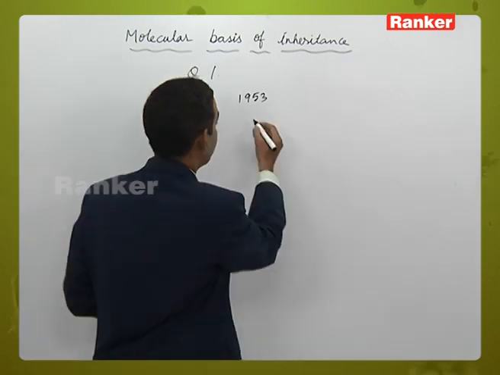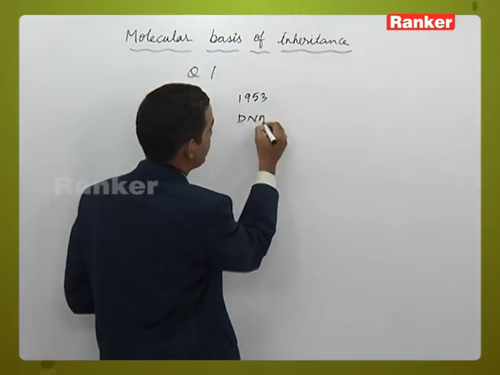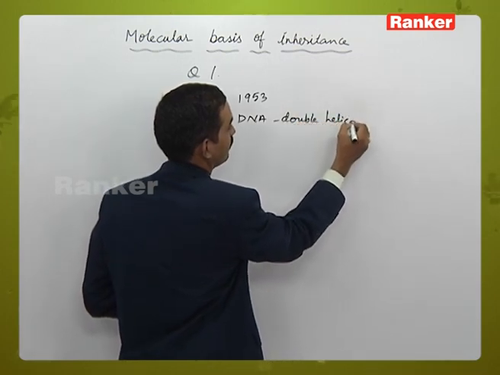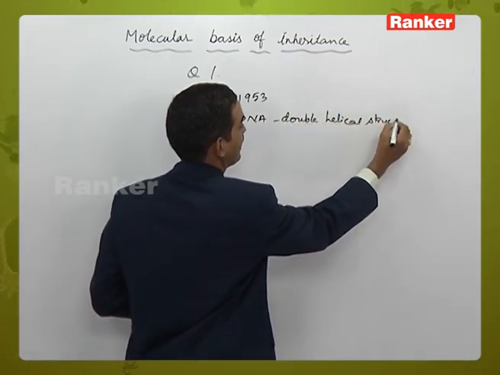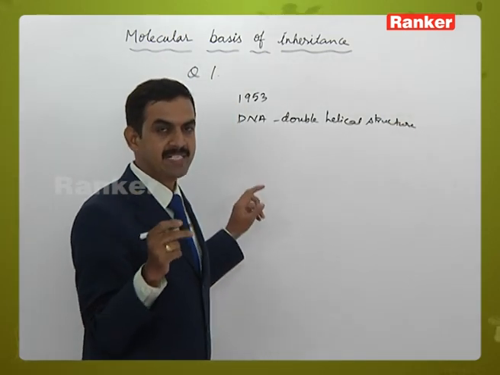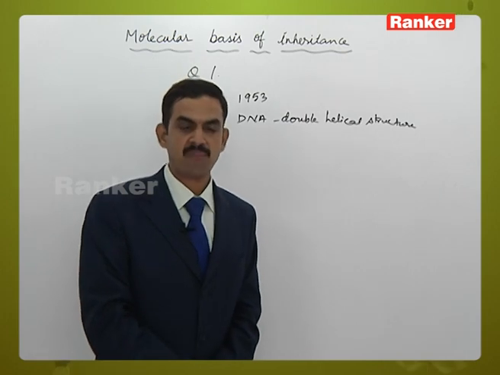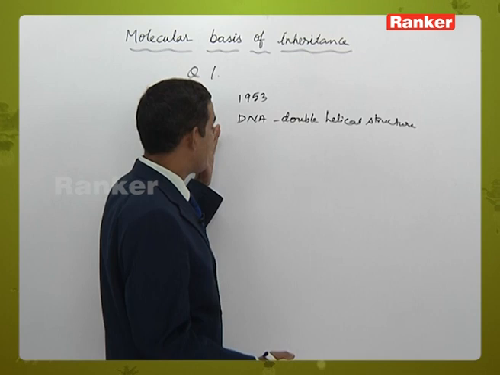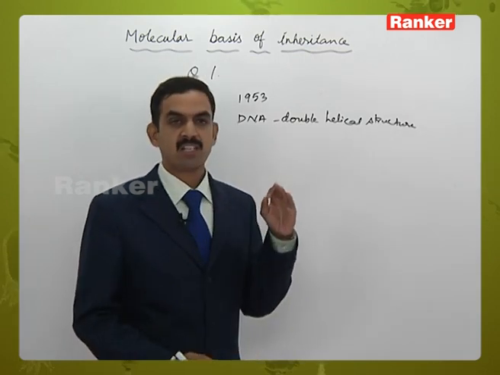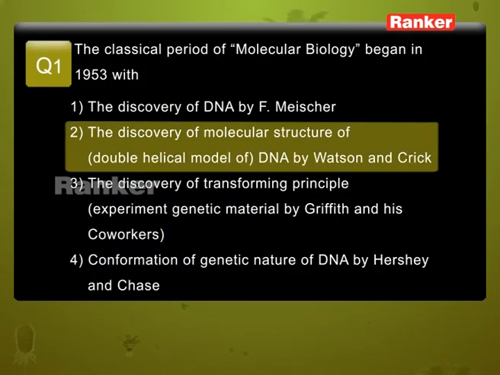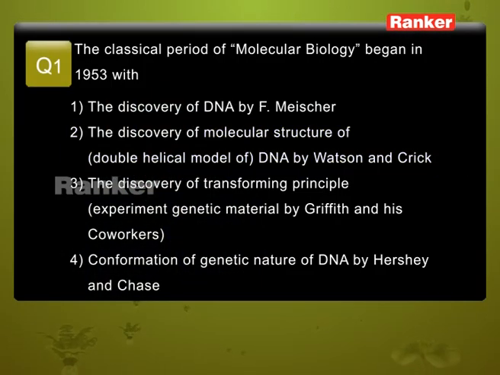The DNA structure is called a double helical structure, proposed by Crick and Watson with the help of X-ray crystallography developed by the scientist Wilkins. So this is the year from which the classical period of molecular biology started. For question number 1, the correct answer is 2.